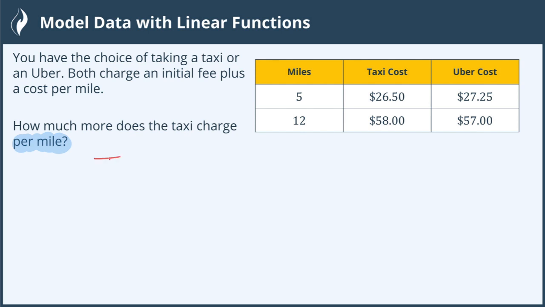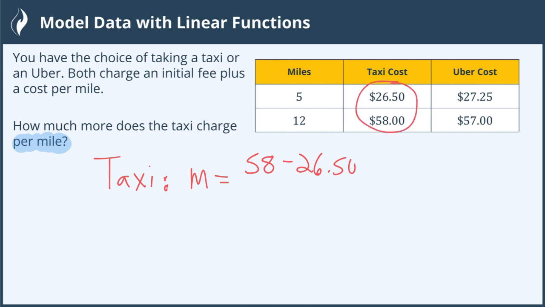So for the taxi, we can calculate the slope by doing our cost minus our cost over our miles minus our miles, right? Because our Y value is the cost. So we have 58 minus 26.50, okay?